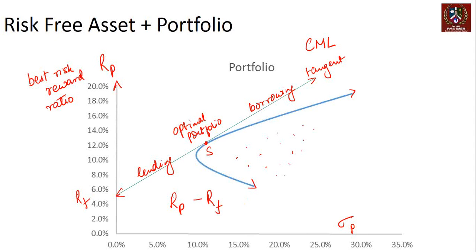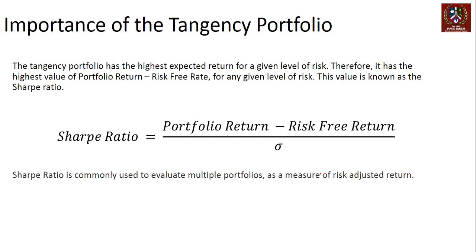At this tangential point, RP minus RF will be the highest for a given sigma, right? And this ratio is what is commonly known as the Sharpe ratio.